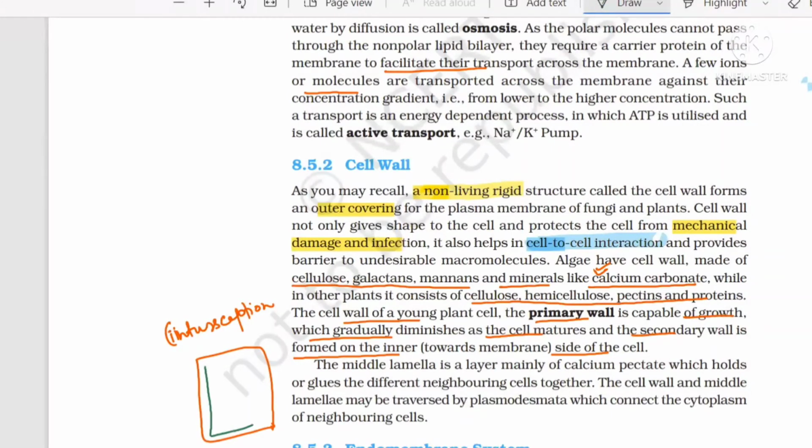This is S1, S2, and S3. Every time, the innermost will be the fresh one. The newly formed secondary cell wall is the innermost, not the outermost.